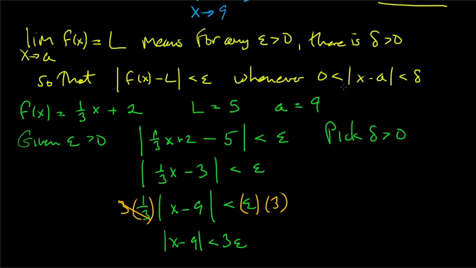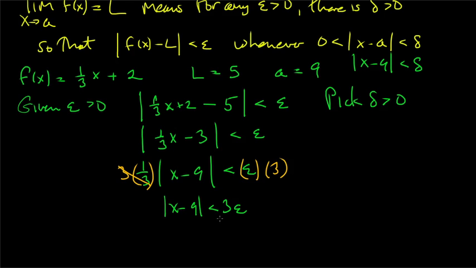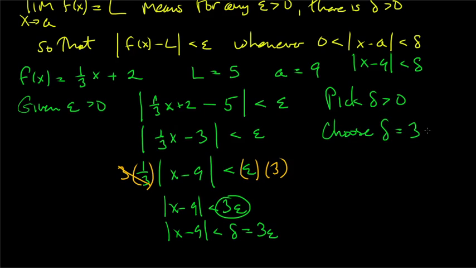But remember, a is 9, and we want the absolute value of x minus 9 to be less than delta. So that has to be my delta, 3 times epsilon. So we have to choose our delta to be equal to 3 epsilon, or anything smaller than that.